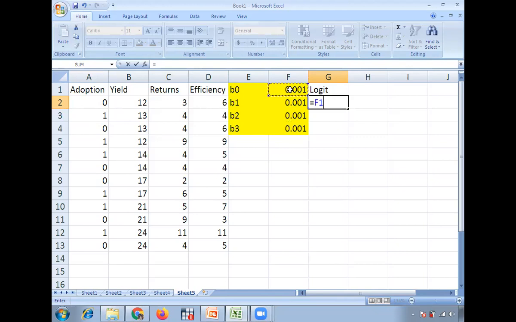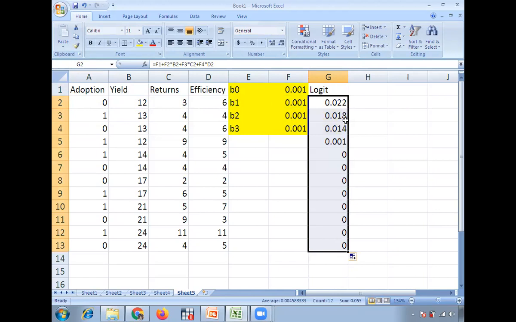Okay, so 0.001 plus we have beta 1 into x1. What is x1 over here? This is x1, right? x1 plus beta 2 into x2 plus beta 3 into x3. Good. Now we can drag.